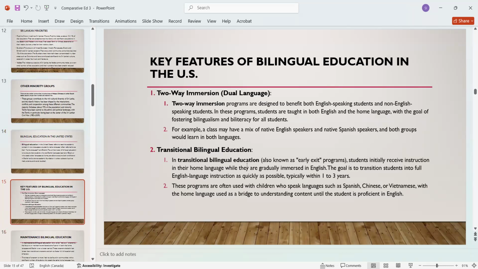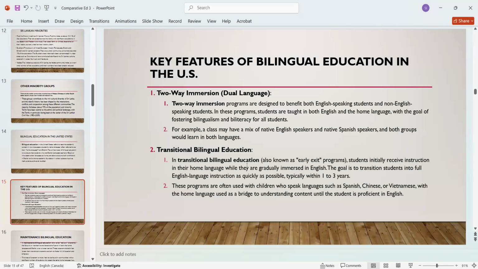So the key features of bilingual education in the US, United States. So 2-way immersion, dual language. So 2-way immersion programs are designed to benefit both English-speaking students and non-English-speaking students.